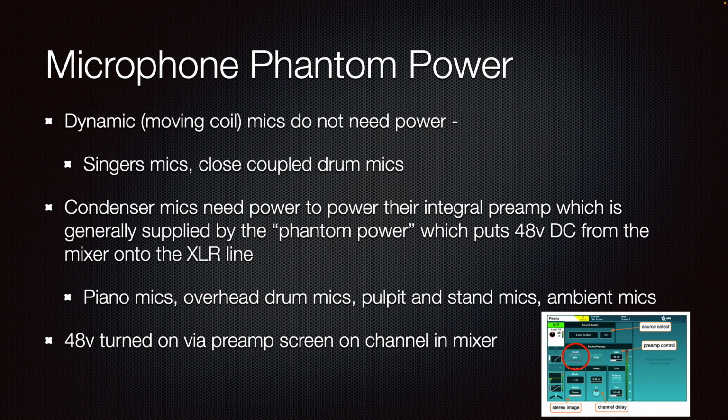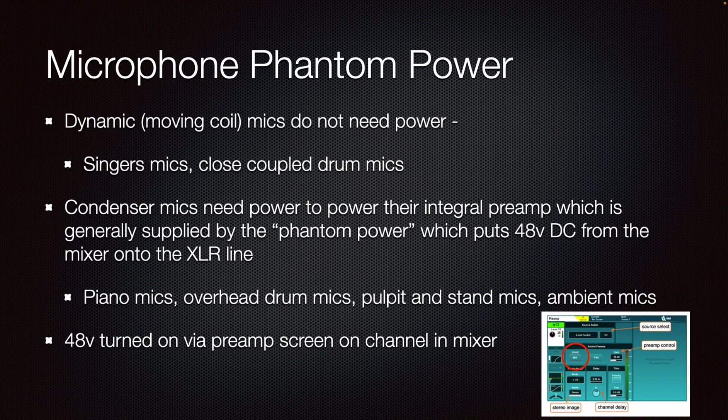However, there's a second class of microphone we use called condenser mics. Now, they need power because they're effectively a capacitor in there, or condenser in old terms. And to make them work, they have an integral preamp, which is generally supplied by phantom power, which puts 48 volts DC from the mixer into the XLR connector and then into the microphone.